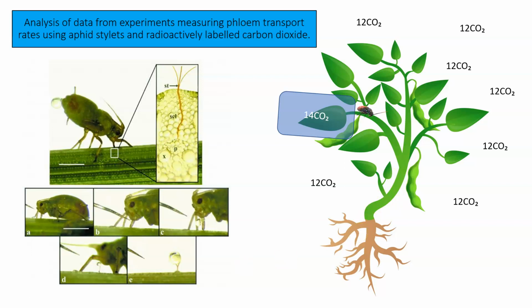Okay, they allowed the plant to photosynthesize. They gave this particular leaf only carbon dioxide that utilized the radioactive isotope carbon-14, and they put an aphid here, allowed the aphid to insert its stylet into the phloem, then took a sharp scalpel and severed the stylet, removed the aphid, and were therefore able to analyze the phloem sap that came out of the plant at that one particular area.